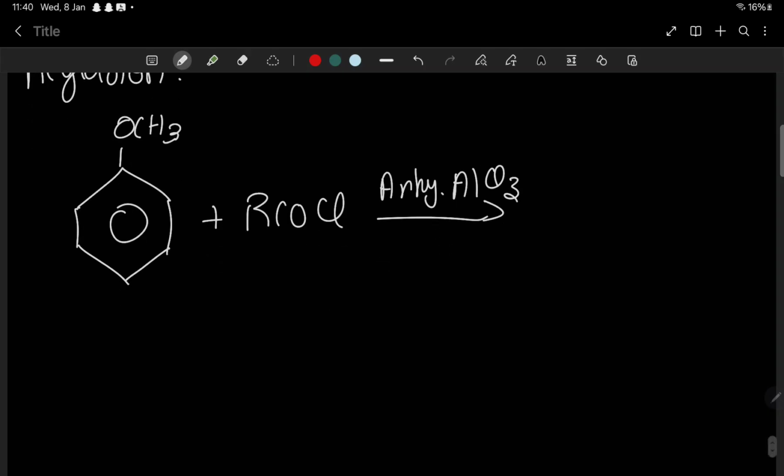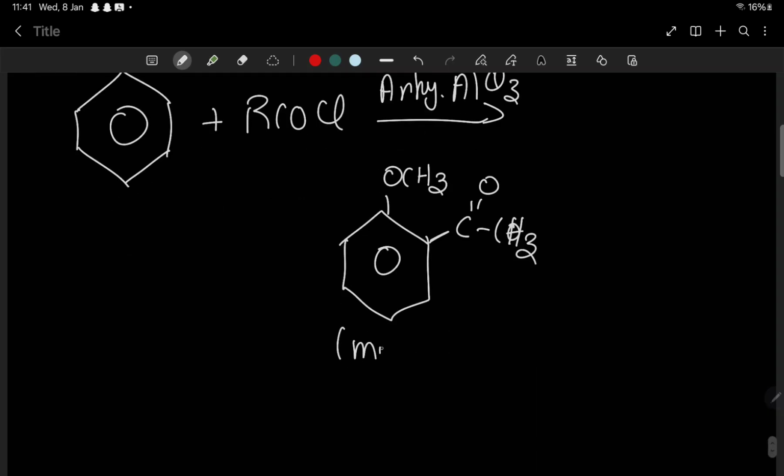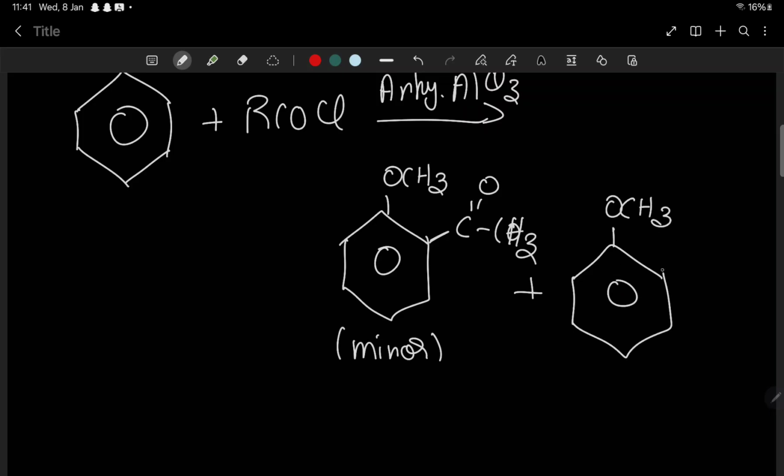You get the ortho substituted product as minor, and OCH3 with the C double bond O group in the para position as major.